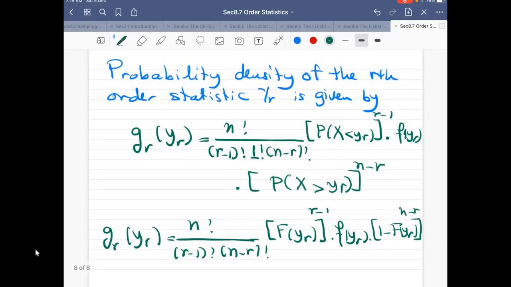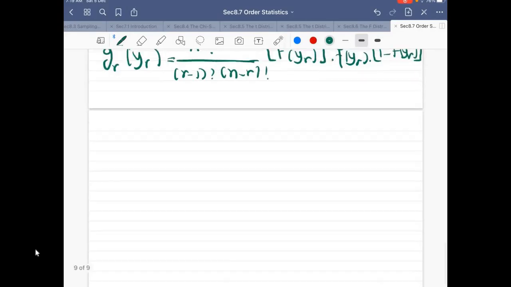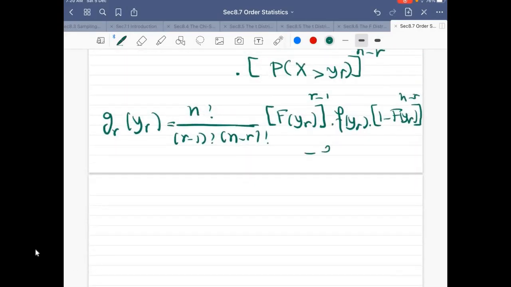Okay, y sub r will take the same values of x, and then we'll take the same range of values within x. So minus infinity less than y sub r less than infinity, and these values will be based actually on the values of the original variable from which we sampled.